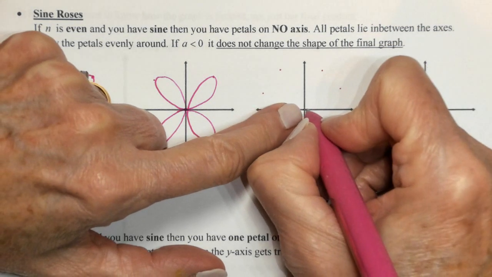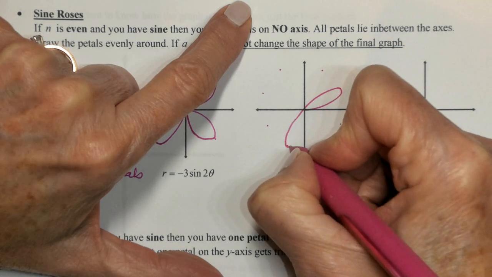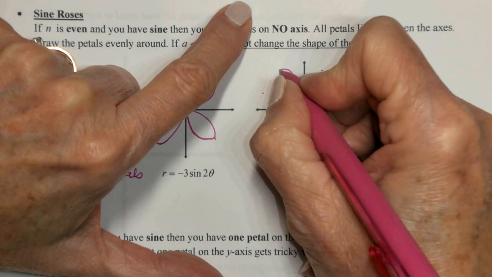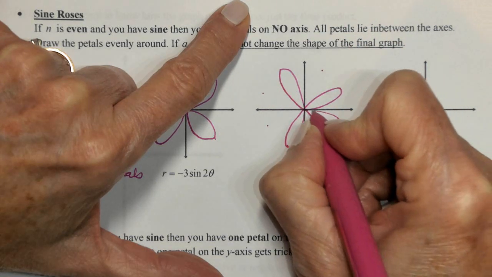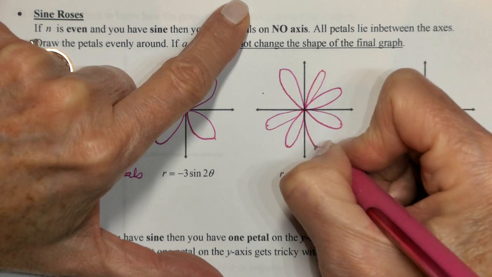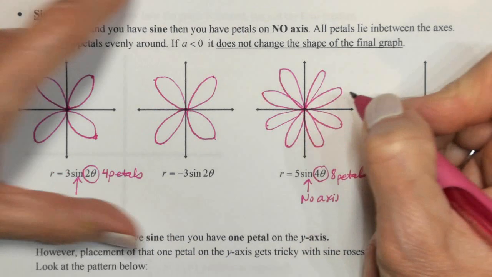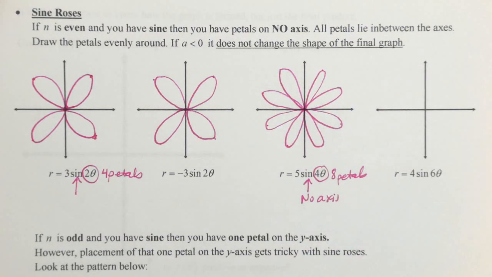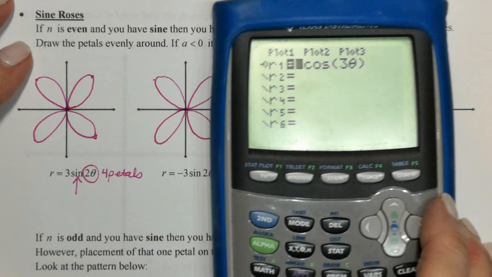As we start, it's going to go like this. I try to do this the way it would probably land. Very daisy-like, okay?